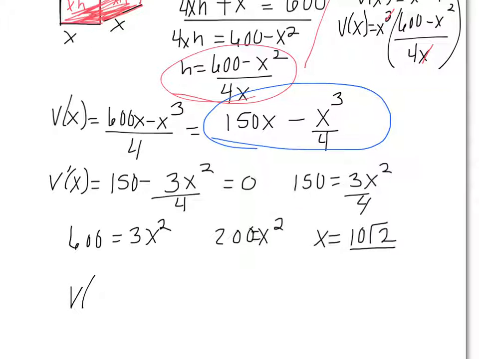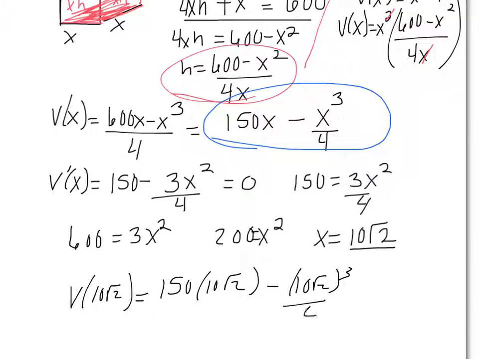I just have to find the volume of 10 square roots of 2. So I just plug in 10 square roots of 2 in both these spots, and I let my calculator do the work for me, and I got about 1,414 centimeters cubed.